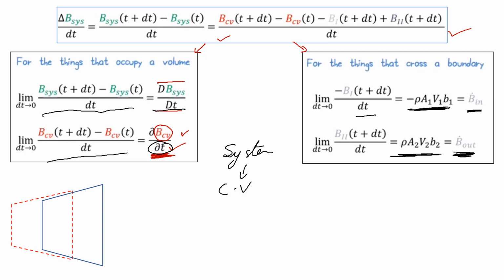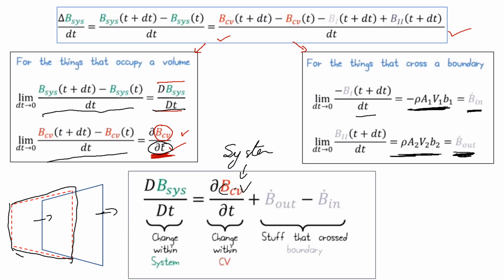So for that we took our control volume like this, and through it we passed a system of fluid. So that's how we got these terms, and now I'm going to write this in a generalized form to get the Reynolds transport theorem in a more generalized sense. So this is how my final Reynolds transport theorem will look.